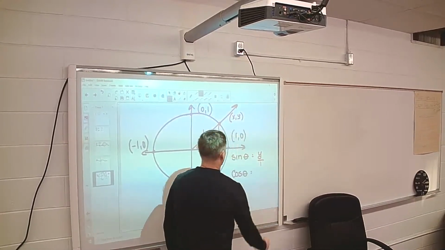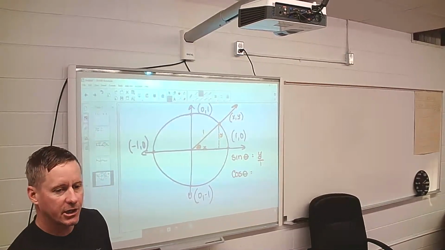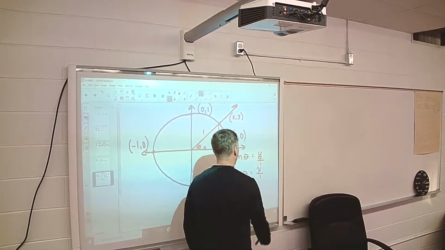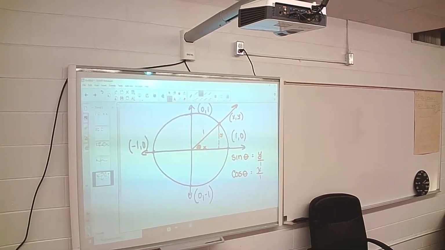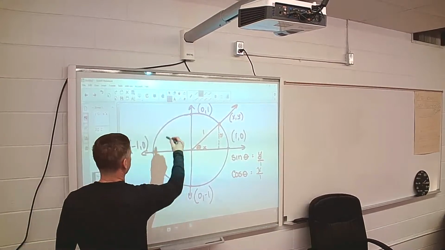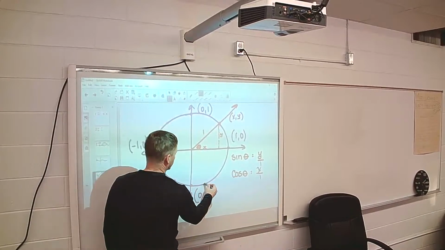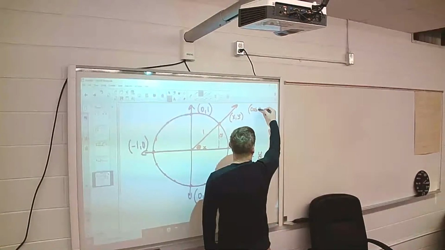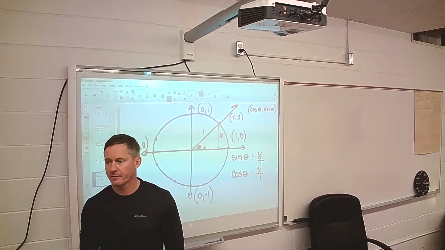What's the cos of the angle? Adjacent over hypotenuse. What's adjacent to the theta? X over 1. So what this tells us then is that if I choose a coordinate anywhere on this unit circle, the x value is going to represent the cos of theta, and the y value is going to represent the sine of theta.